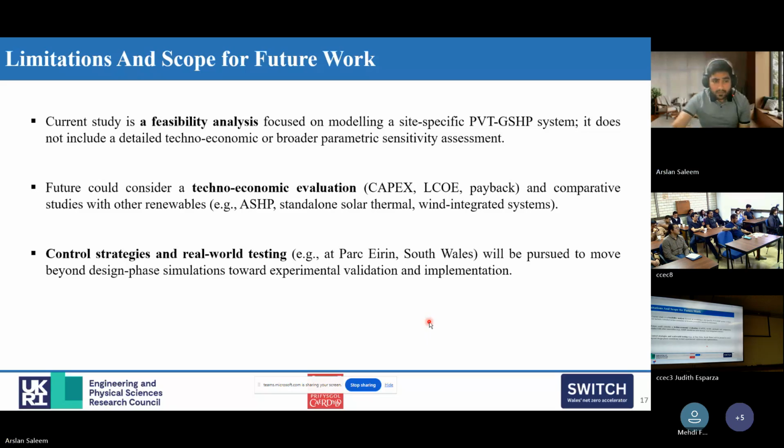Another tangent for future work is developing control strategies and comparing the system with real world experimental tests, to move beyond the design phase simulations towards experimental validation and implementation.